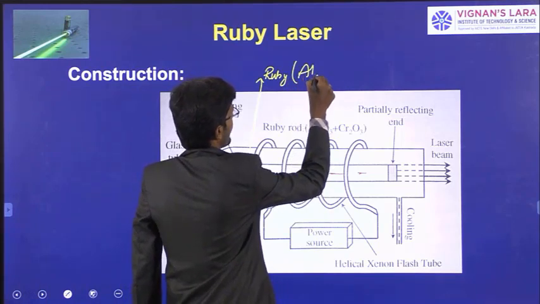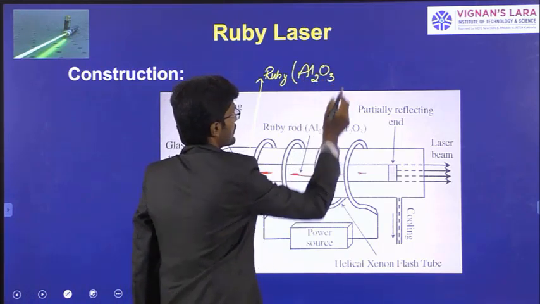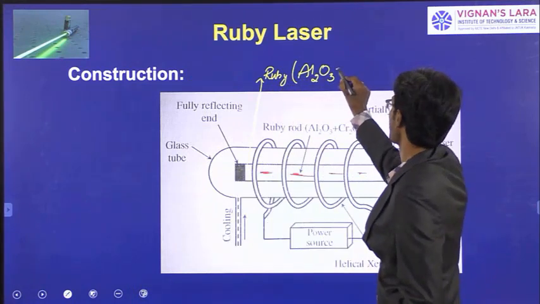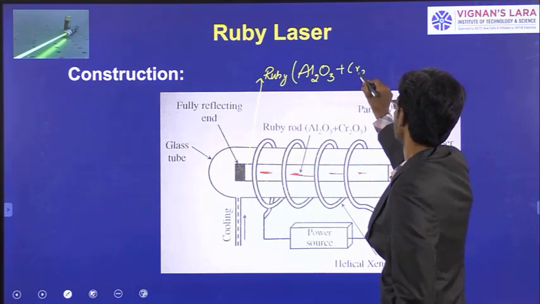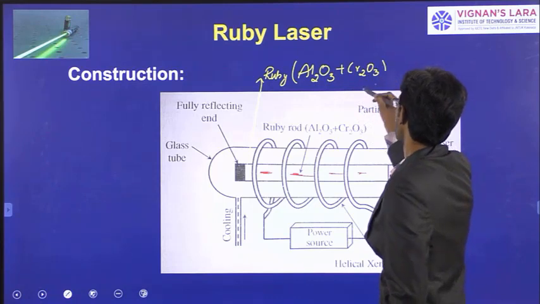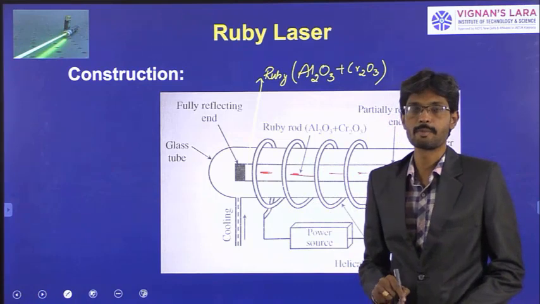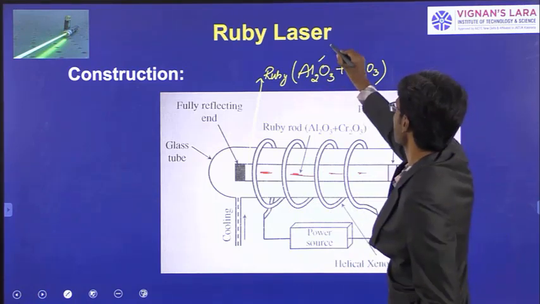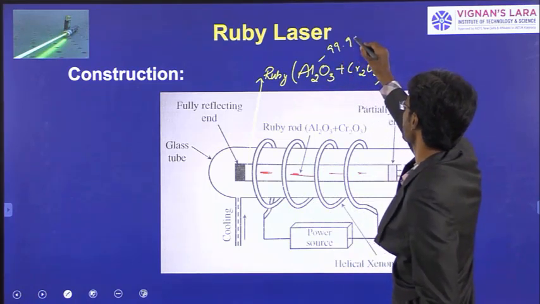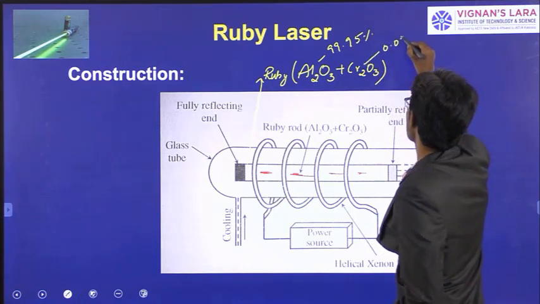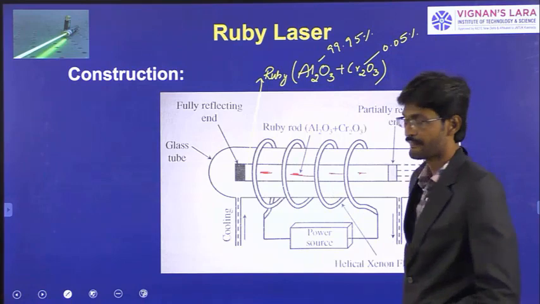One is aluminum oxide, which is doped with chromium oxide. The aluminum oxide concentration is 99.95%, whereas the chromium oxide is 0.05%.